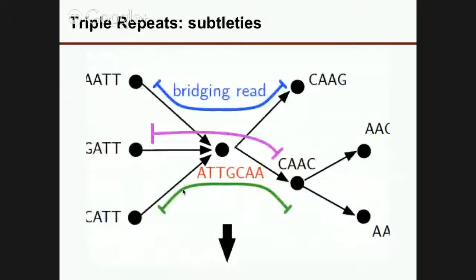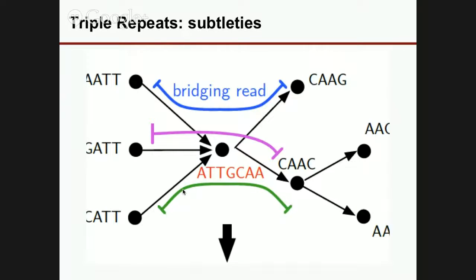So here's an example which says that if you have a triple repeat, then it is not so simple to get a condition using only 2 of the 3 repeats. Okay? So here's an example.